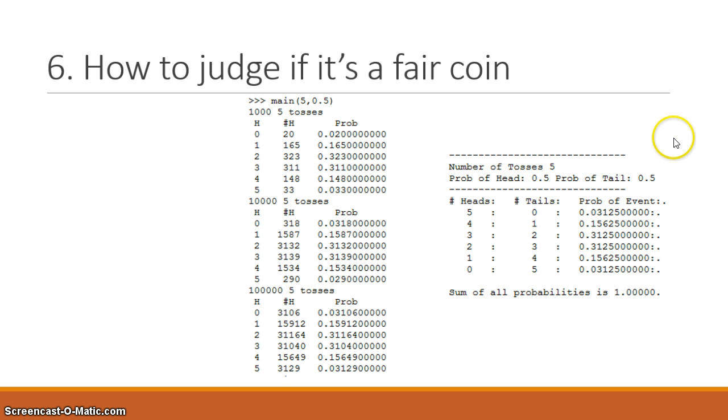Here I have the prediction for the number of tosses 5, I toss the coin 5 times, and the probability is 0.5. So it's the same case as my sample run.